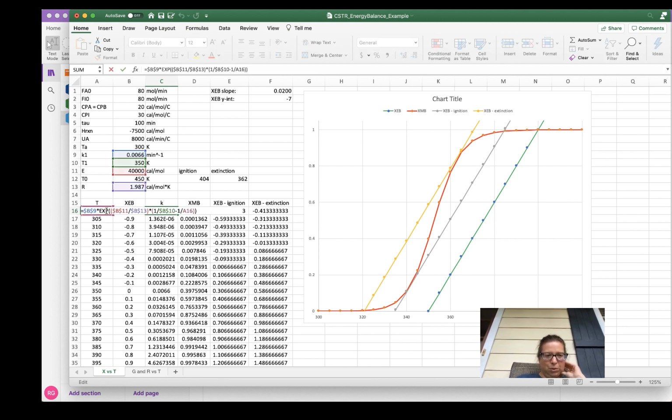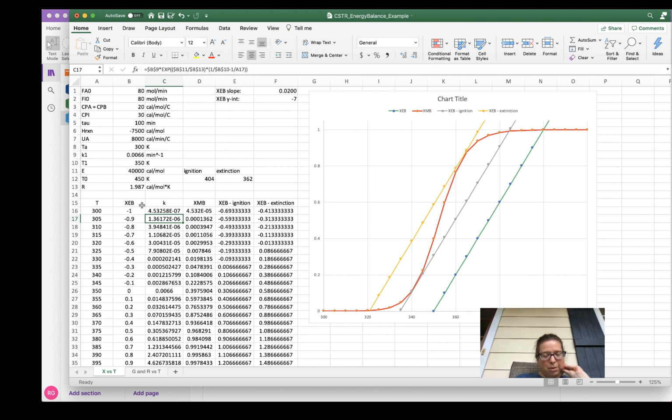We're given a value at a reference temperature, 0.0066 per minute at 350 Kelvin. We can use the Arrhenius equation, which is the exponential of the activation energy divided by the gas constant, times 1 over the reference temperature minus 1 over the temperature. I need to do that before I can write my mole balance.